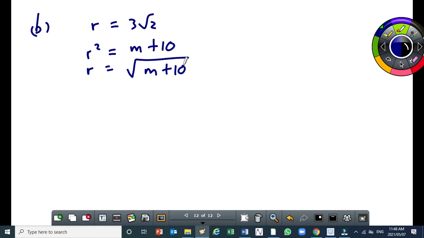Okay? Then, but we've got a question. Right? Therefore, 3 root 2 is going to be equal to the square root of m plus 10. Right?